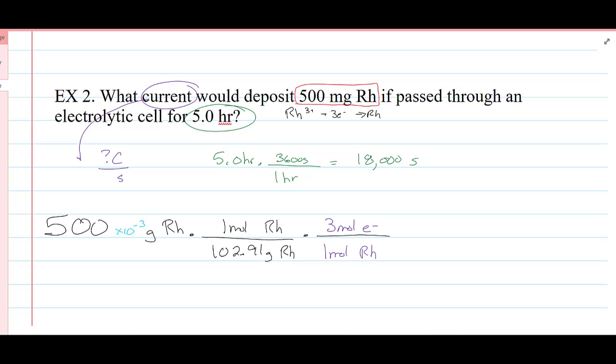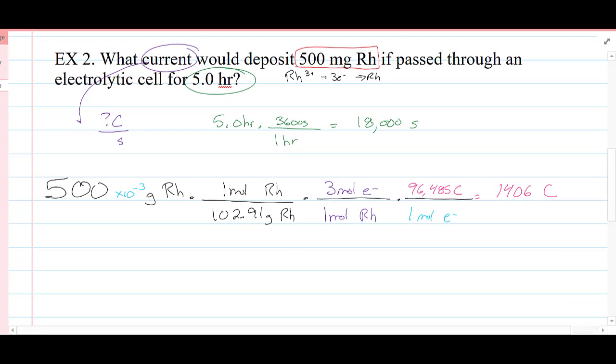And for every 1 mole of electrons, there's 96,485 coulombs. That gives me my coulombs. It looks like it's 1406 coulombs. So my amps will equal my coulombs per second.